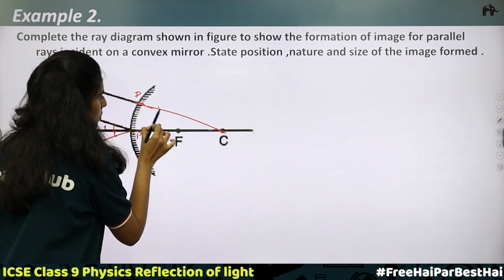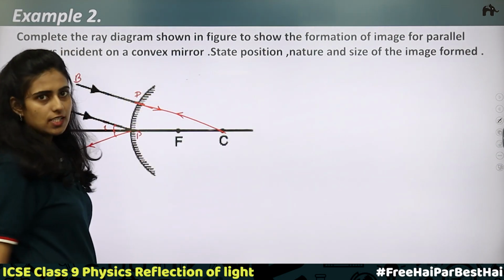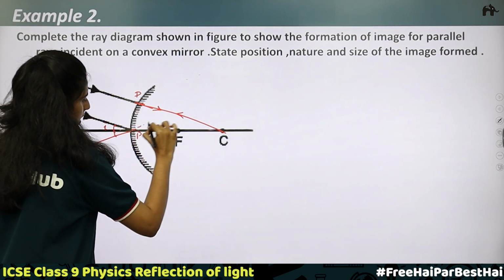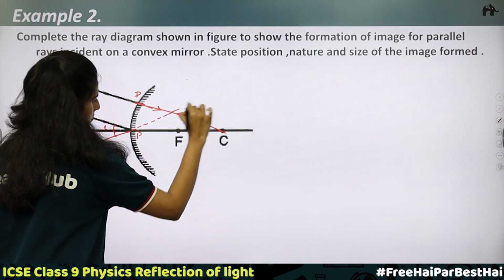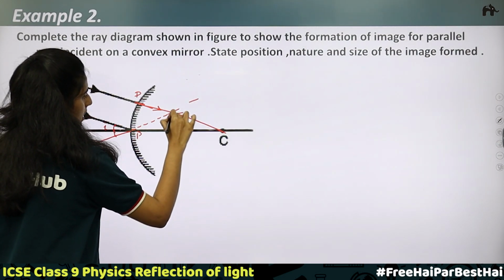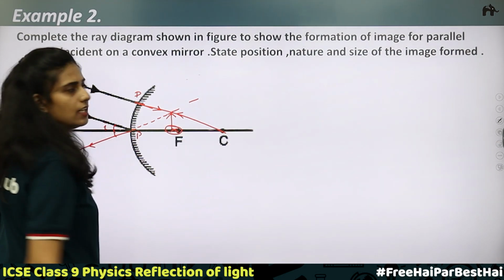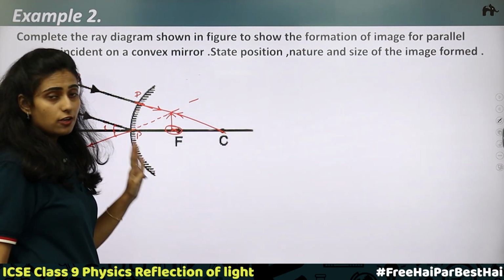What happened to the reflected ray? It will follow the same path. Now you extend the reflected ray from the first case. So here you will get the image. At the focus, you are getting the image. This is the case of a convex mirror.